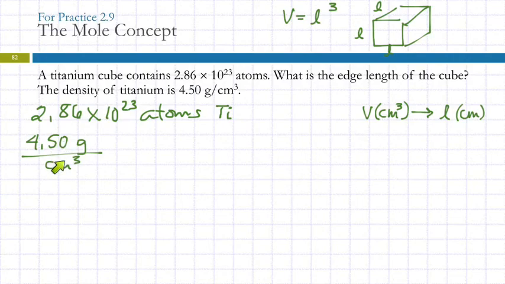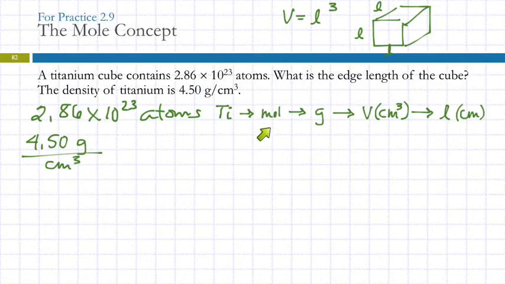So I have a relationship between grams and cubic centimeters. So if I had grams, I could get to the volume of it in cubic centimeters. But I don't know the mass. But we just learned how to figure out the relationship between numbers of atoms and the mass. What was the unit that we used in the middle? Molar mass. Yeah, we used the molar mass to calculate the moles, right?